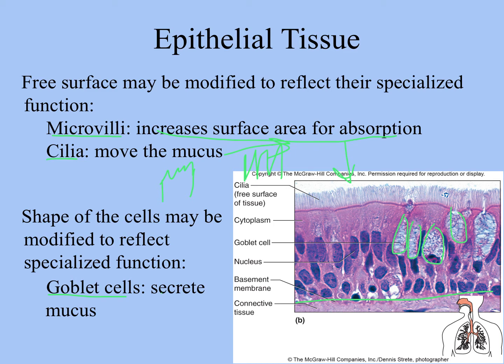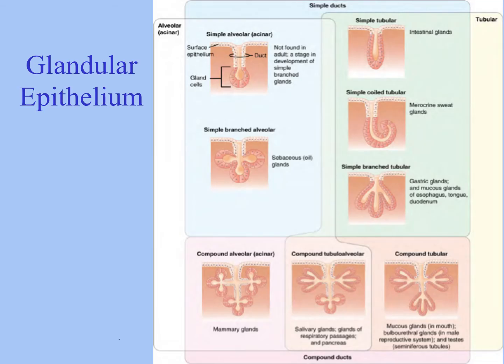And these goblet cells will secrete mucus to the surface of the epithelial cells so that it will trap debris, and those cilia cells will then move the mucus plus the debris to an area where they can be gotten rid of easily. But the majority of your glands will be multicellular, and they're divided into specific types.